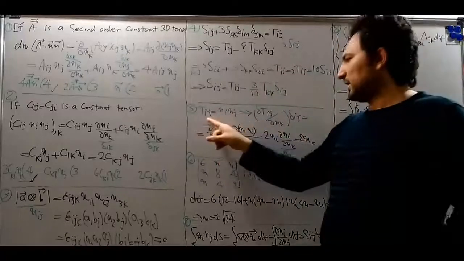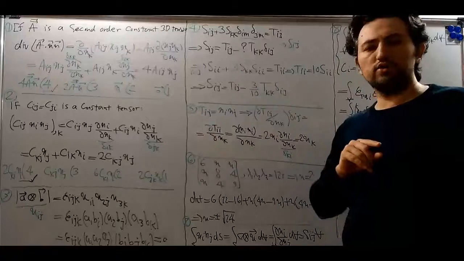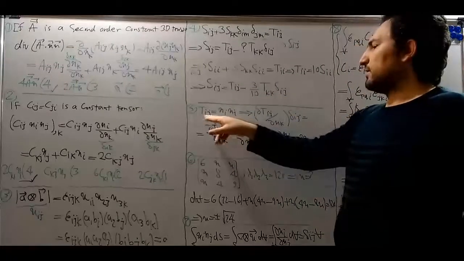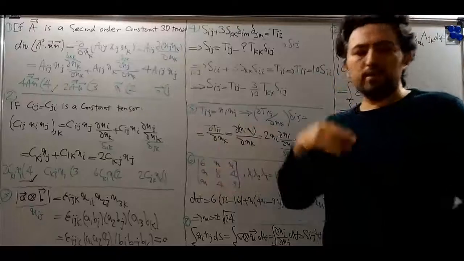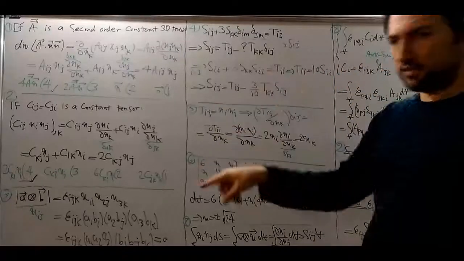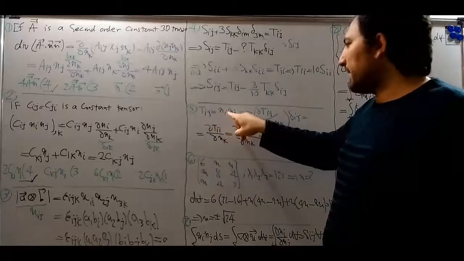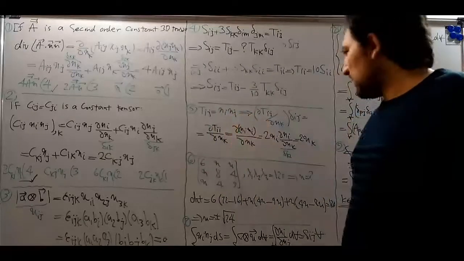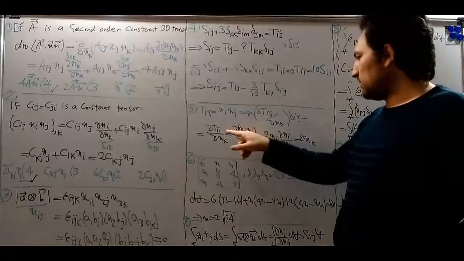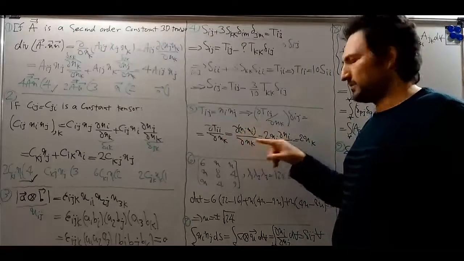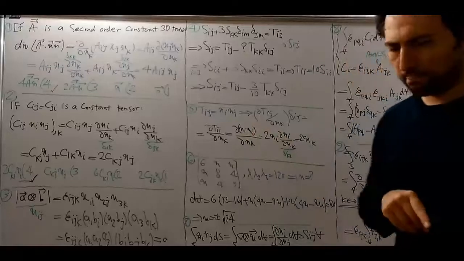Now replace the contracted form of t sub ij from the first relation. Multiply both sides by the Kronecker delta sub ij, and t sub ii equals x sub i times x sub i again. So t sub ii equals the partial derivative of x sub i times x sub i with respect to x sub k.